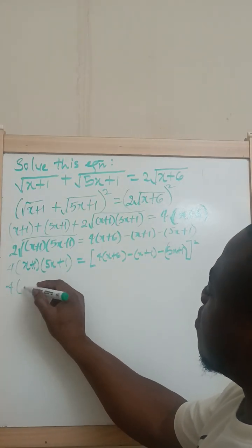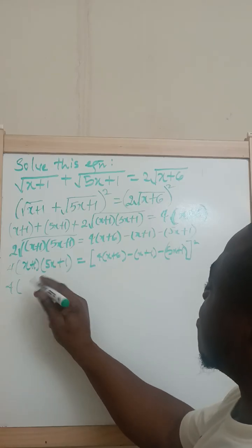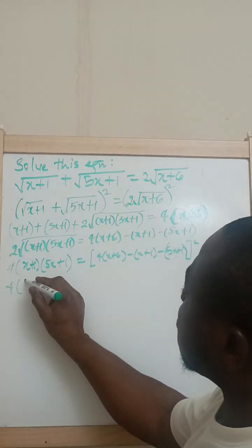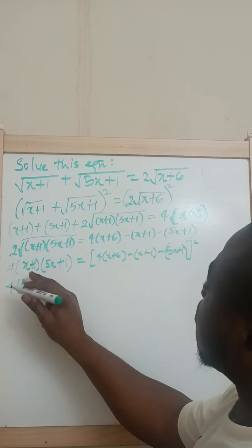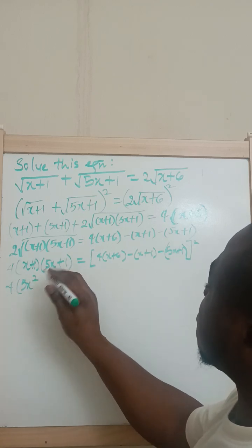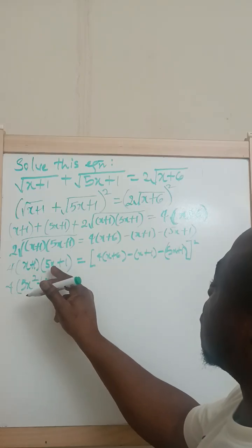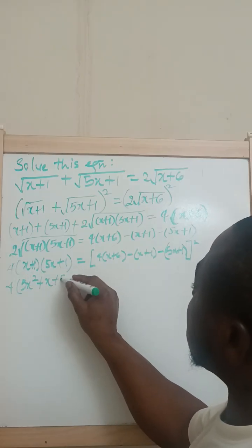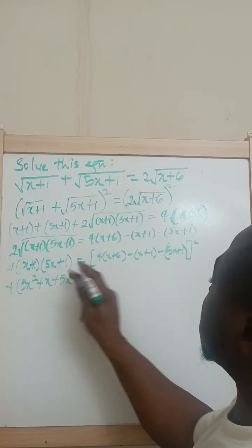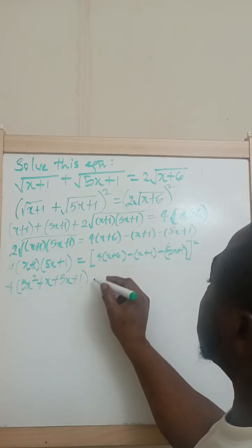So when we open these brackets, x times 5x will be 5x squared. x times 1 will be x. Then 1 times 5x will be 5x. Then 1 times 1 will be 1.